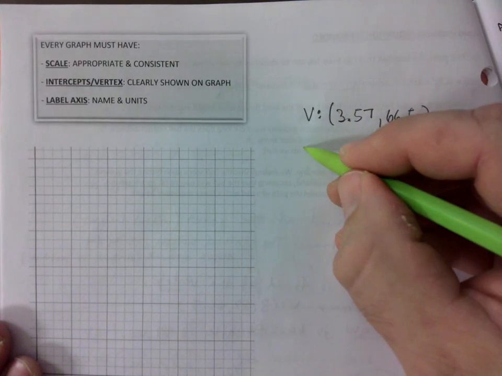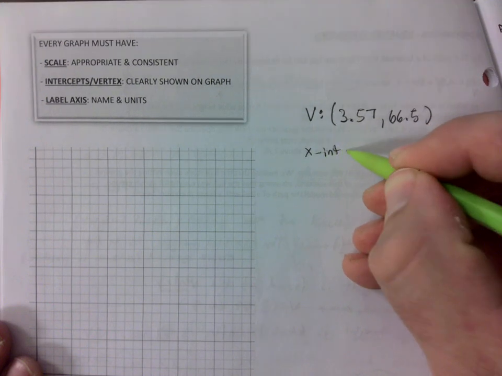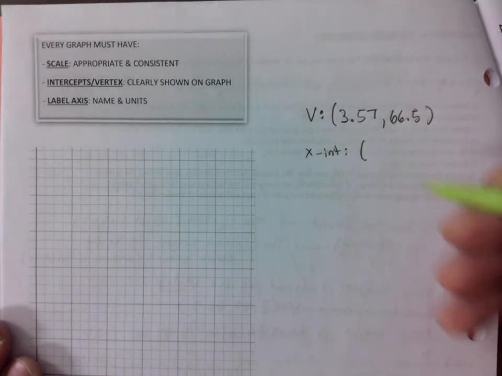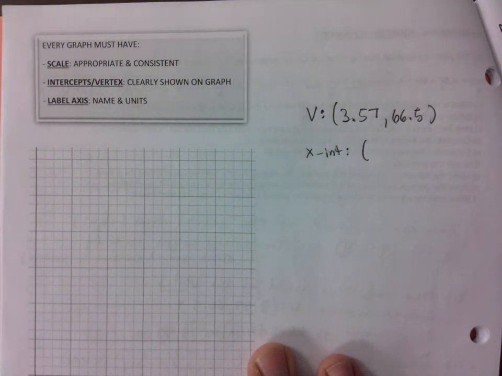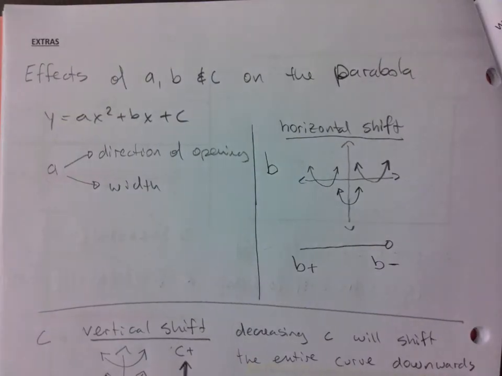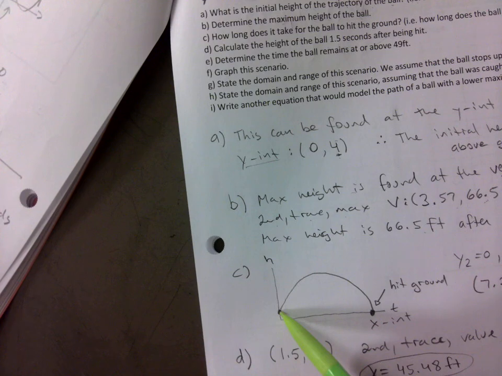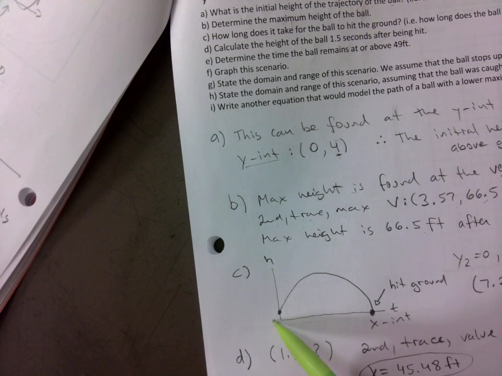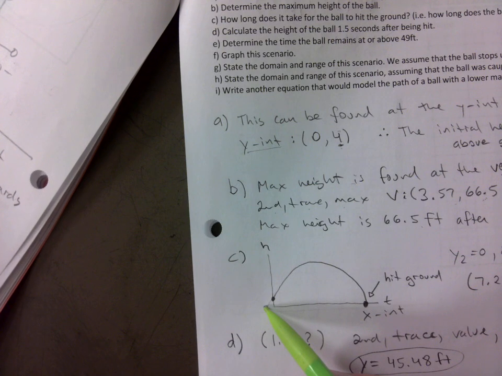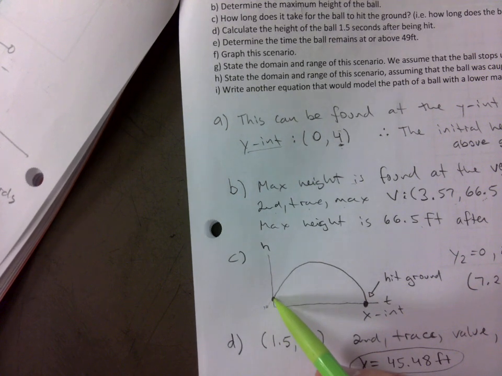This is on 37. X-intercept. How many x-intercepts? Normally this would have 2, correct? But I don't care about the negative x-intercept. Just to give you a heads up, action starts here. Technically, on your calculator, you would have this x-intercept here, the negative one, but we don't care about it because action starts here.